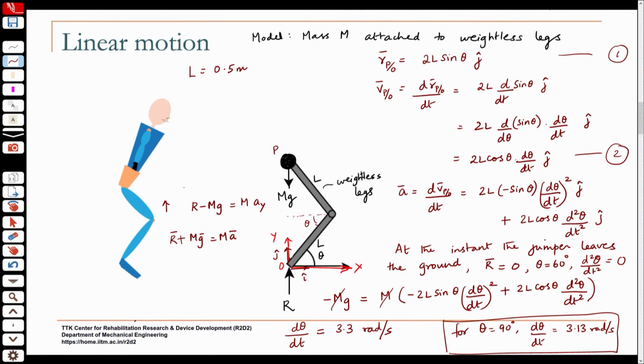It is only when I put it into the components along the y direction that I call it minus g, because my y is positive upward.